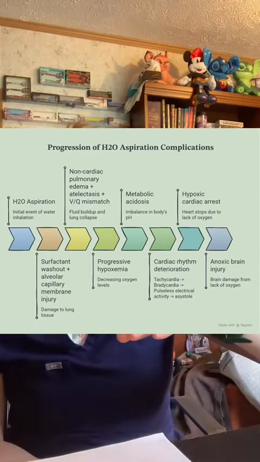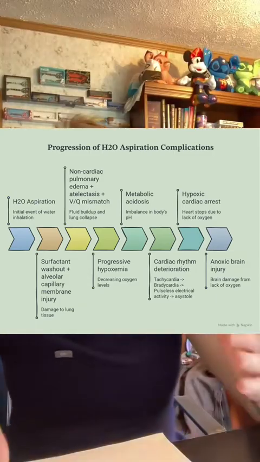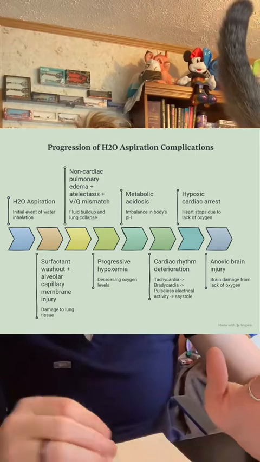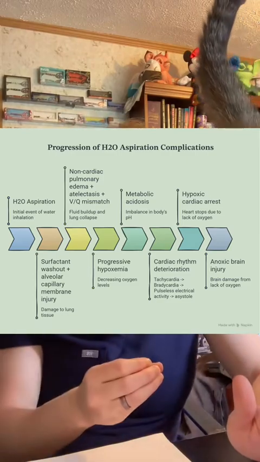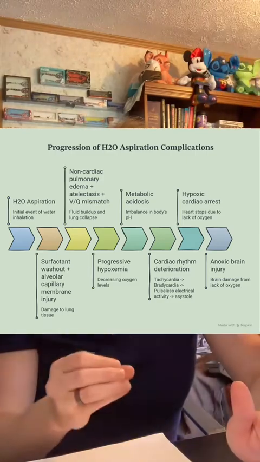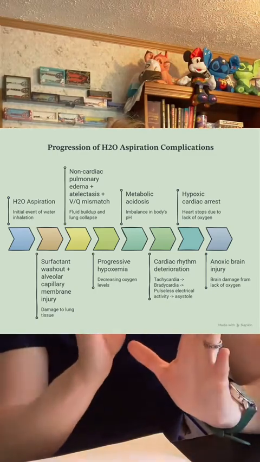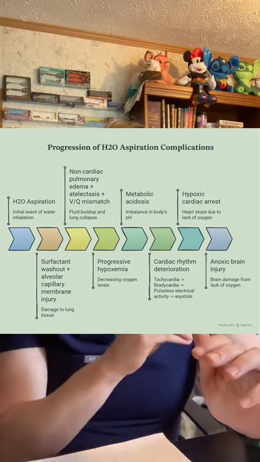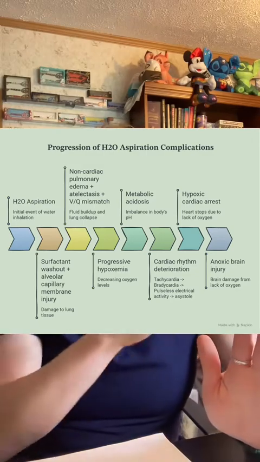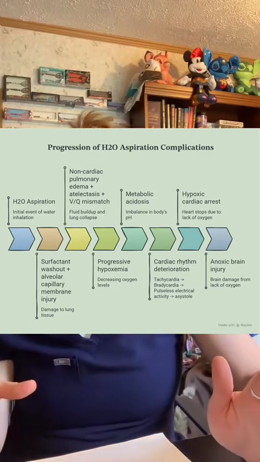There's a really cool flow sheet that breaks this all down, so I'm going to show you right now and we can go over it. Part 1 is the water aspiration, which results in our surfactant washout, plus the alveolar capillary membrane injury. Remember, that causes the collapse of the alveoli, then this all results in non-cardiac pulmonary edema.